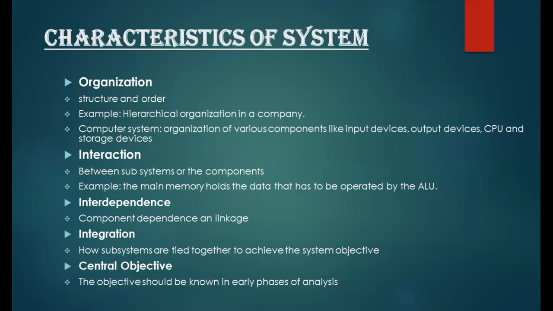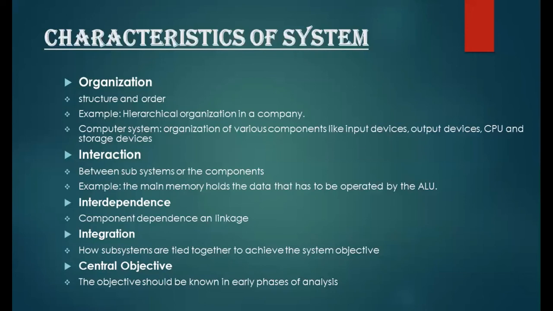The basic organization should be very structured and in a particular order, so that the flow of information can be easily understood, as well as conveniently followed by the people involved in that system.